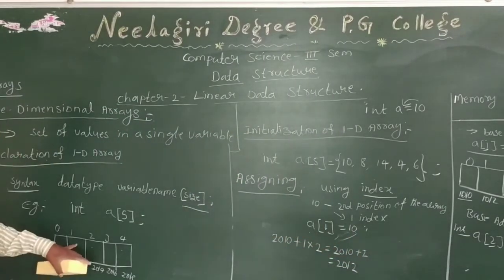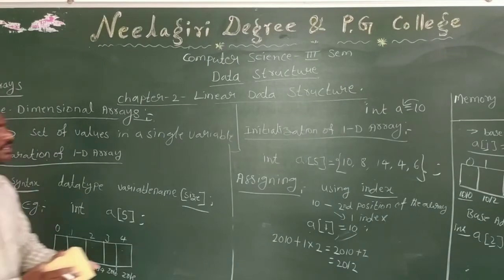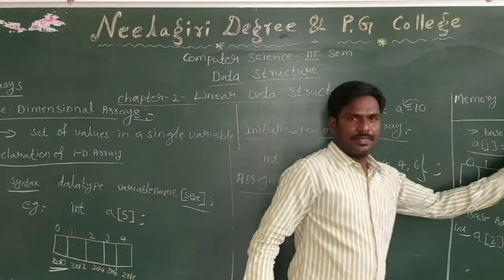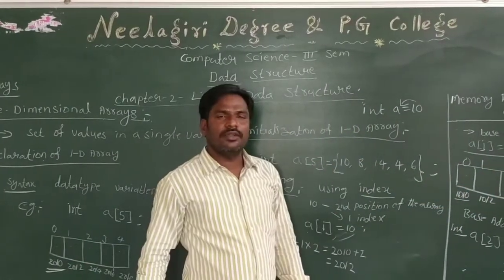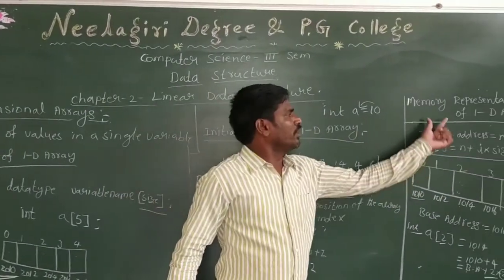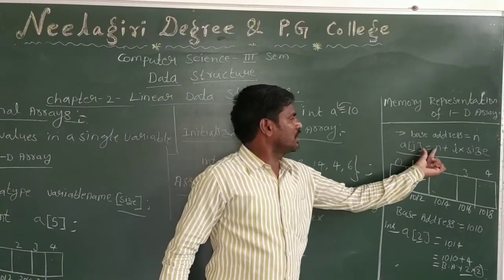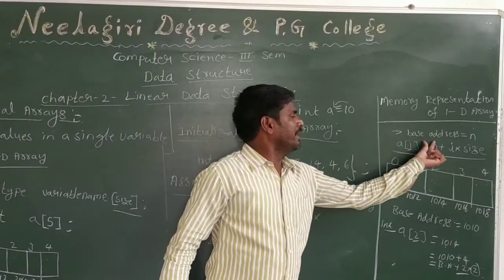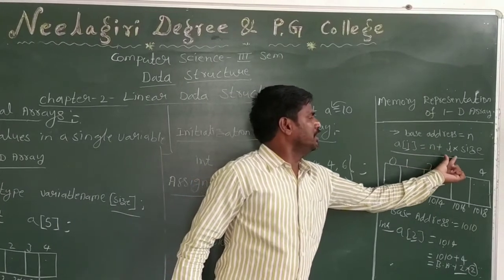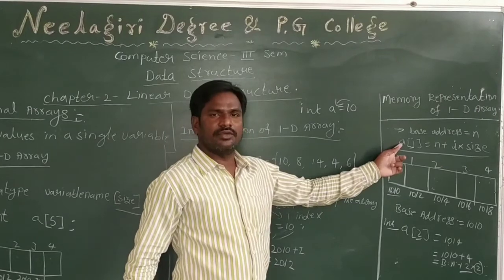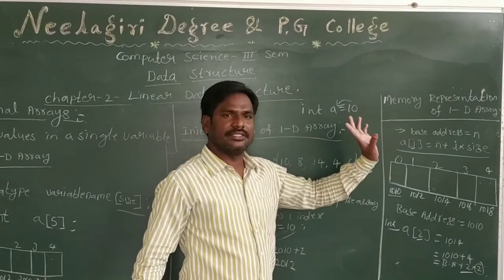The value 10 will be stored. So this is the formula for A of I in a one dimensional array: A of I is equal to n, n means base address, plus I into the size of the data. Whatever the size of the array variable's data type, that is the size of the data.